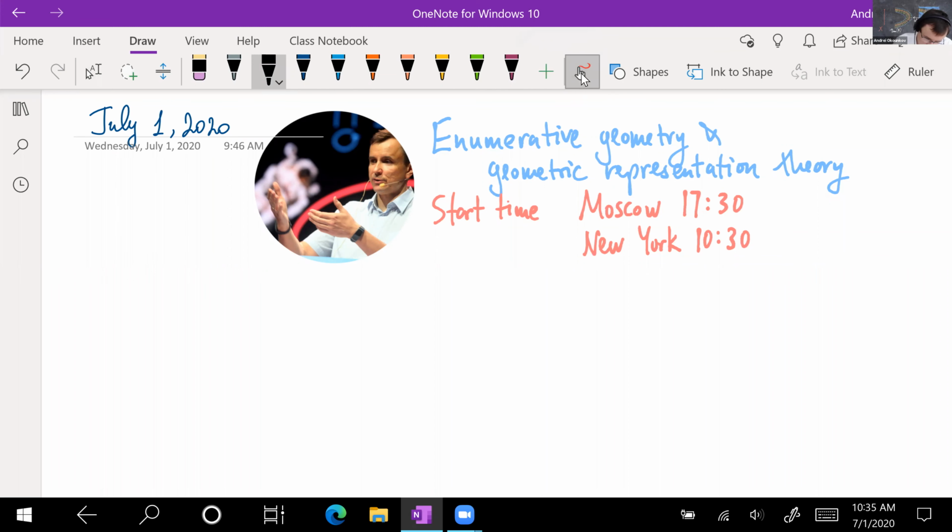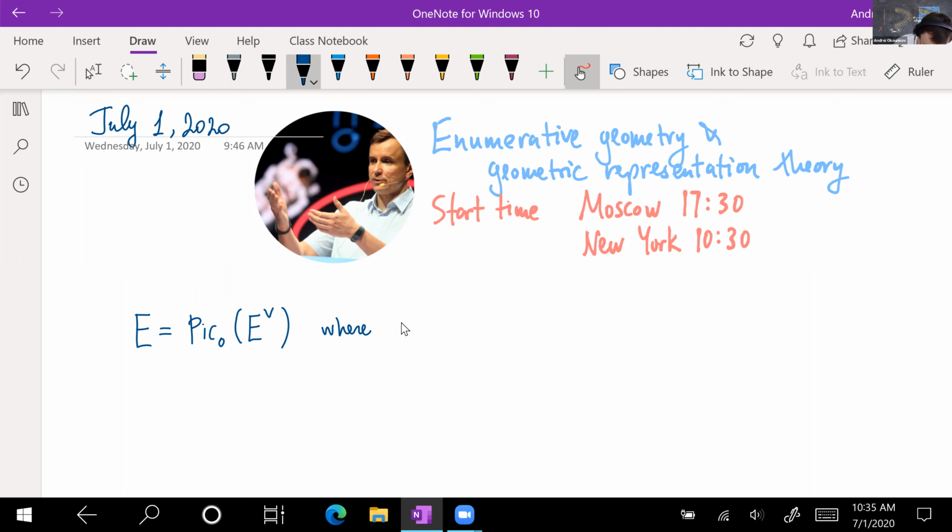So let's set up a uniform notation. Let E denote the group of line bundles, so it's Pic 0 of some other curve E check.